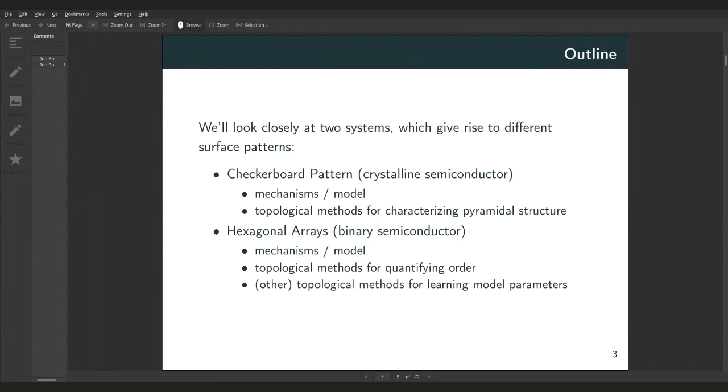This is from a binary semiconductor. Again, we'll look at the mechanism and model, and this time there are two different questions that we can ask. One is to quantify order, and another is to learn the parameters of the model. We're going to use two different topological techniques to answer these questions. So that's where we're headed.